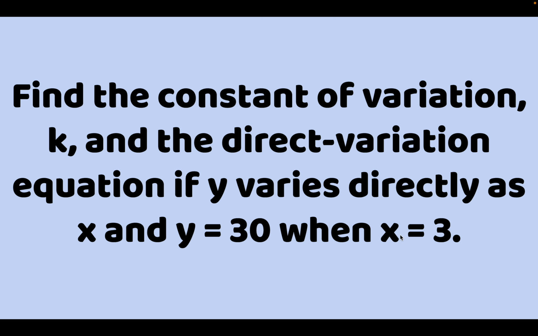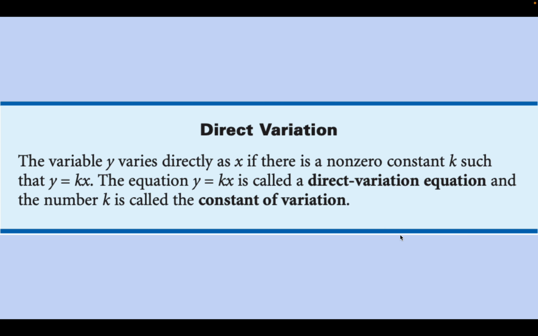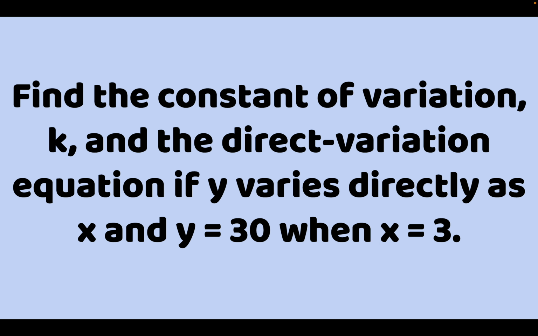So if you remember, our equation was y equals kx. So we're finding k, we know y equals 30, x equals 3. So we know our equation that we have right now is 30 equals 3k. So this actually is very simple if you think about it. This is like pre-algebra. 30 equals 3k.